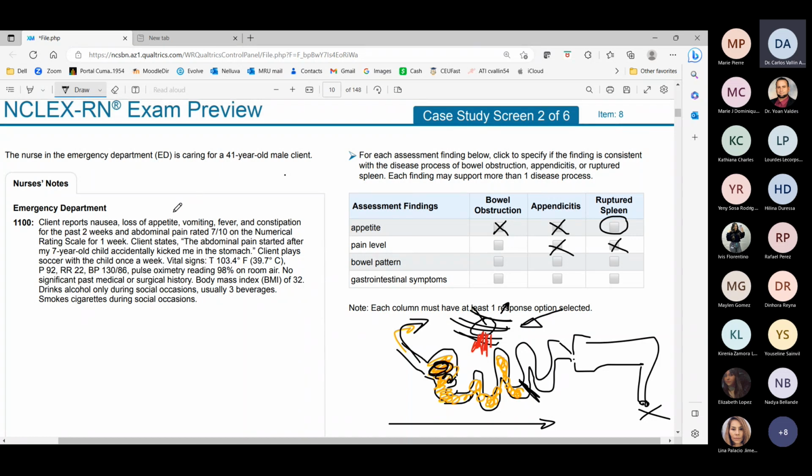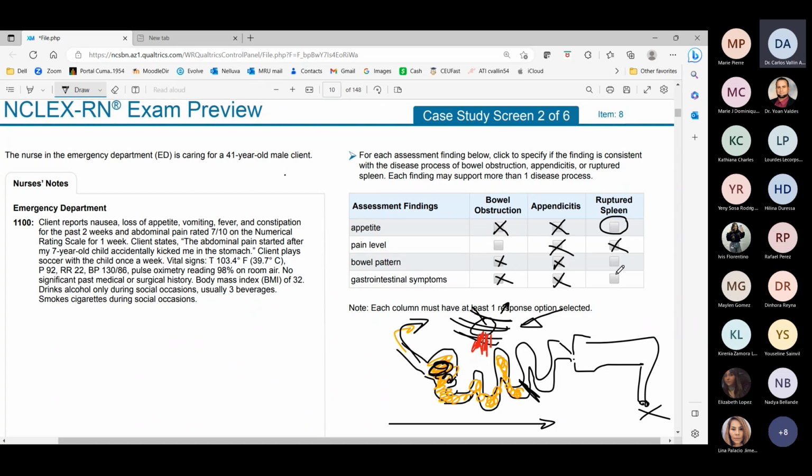Bowel patterns, constipation: you have constipation in bowel obstruction and in appendicitis, but not in ruptured spleen. And in general, gastrointestinal symptoms can be found in bowel obstruction and appendicitis, but not in ruptured spleen.